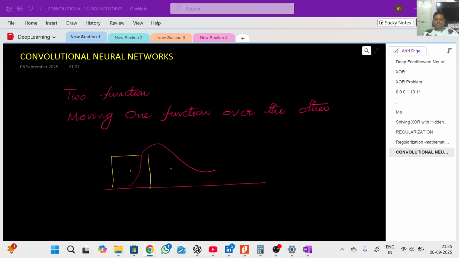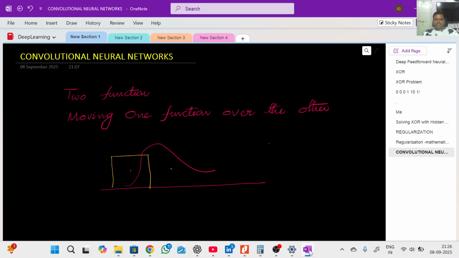See here, this is the first position. I am placing a filter here, and that filter may have certain values, something like 0, 1, 0, 2. You can see it better here. So what I'm doing is moving one filter, one kernel, over the other.